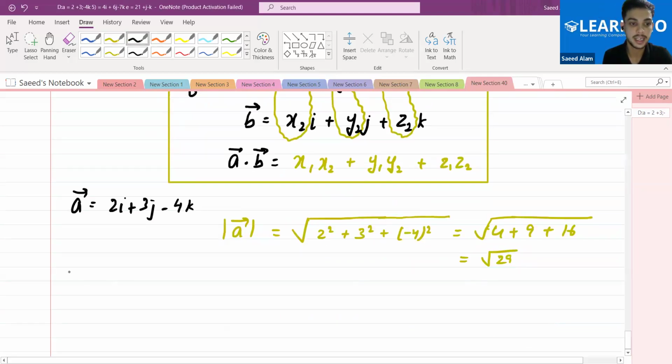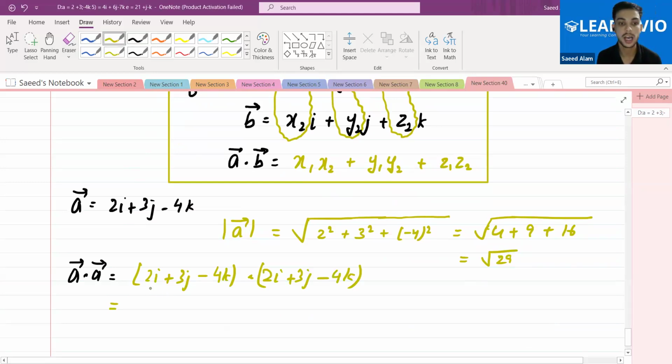Now tell me one thing, if I ask you to calculate A dot A, what will it be? 2i plus 3j minus 4k dot with 2i plus 3j minus 4k.